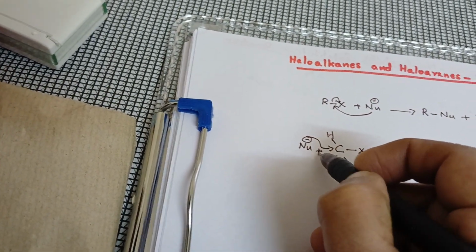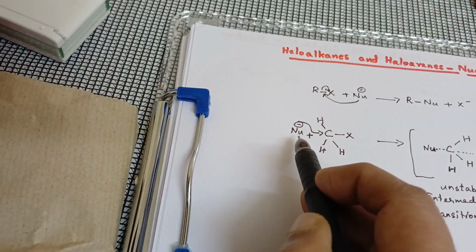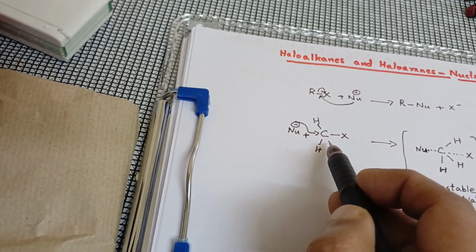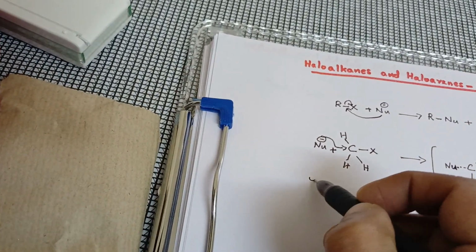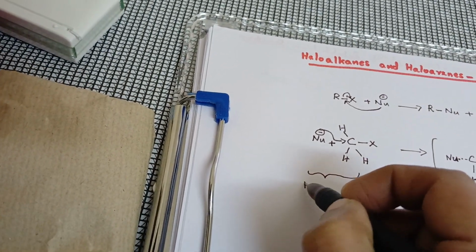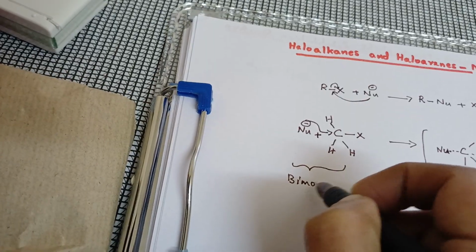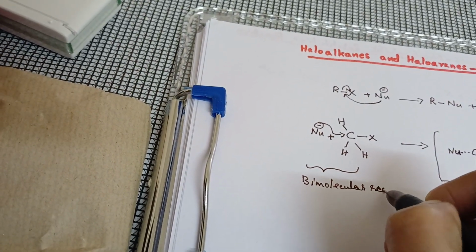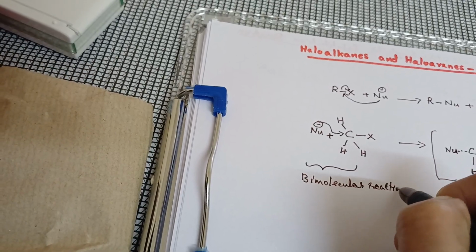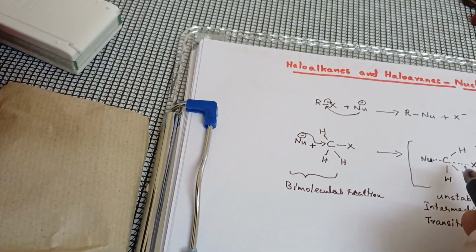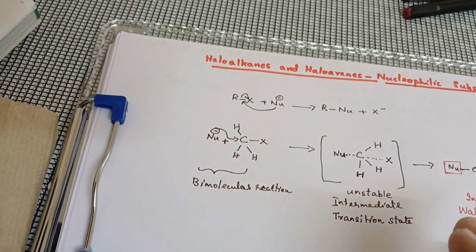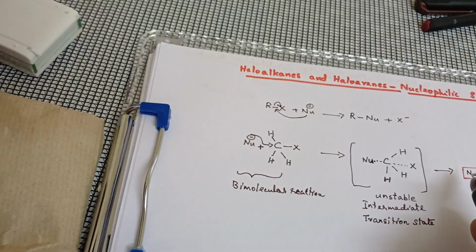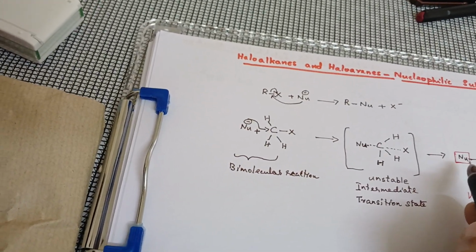Now here you can see that this is a bimolecular reaction. That is, two molecules are getting involved here. One is the nucleophile and the other is the alkyl halide. So you call it a bimolecular reaction. Since two molecules are involved in this step, this is the only step in this reaction. So this is also the rate determining step.